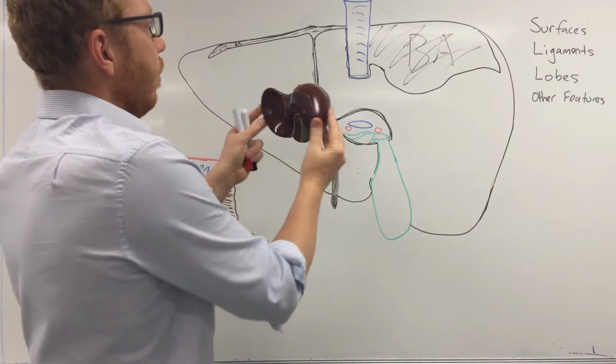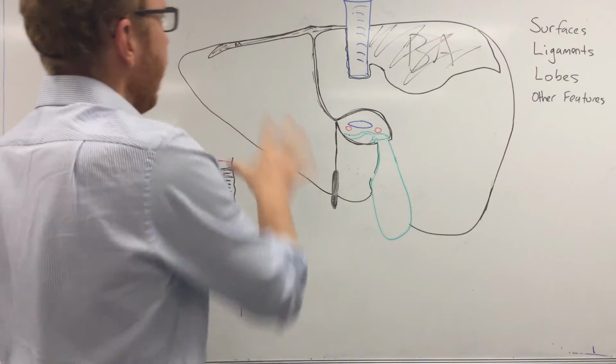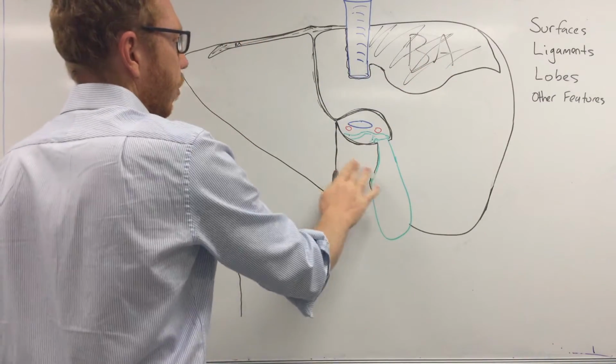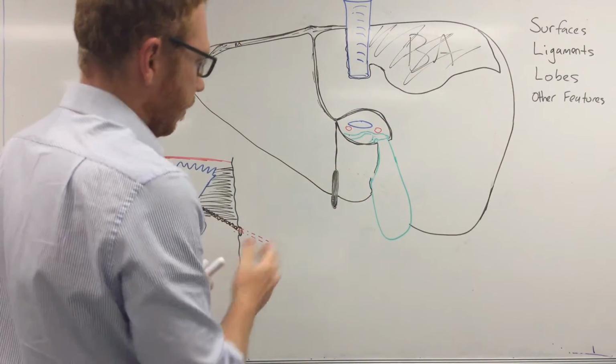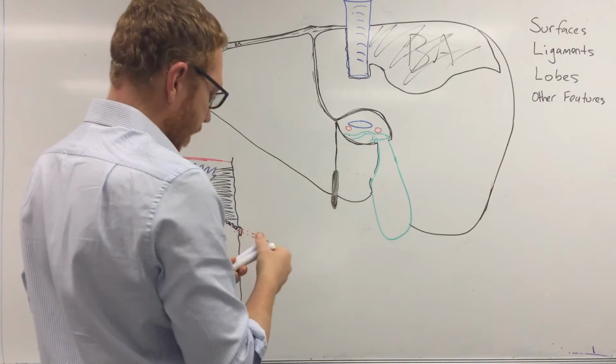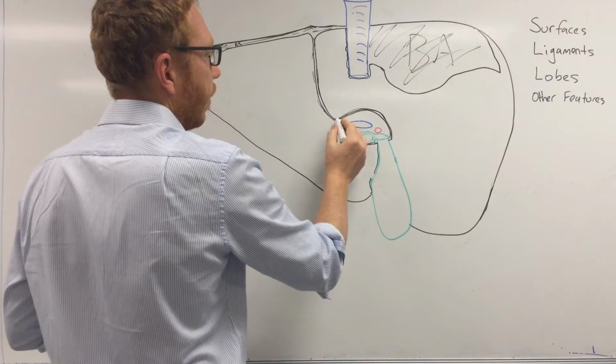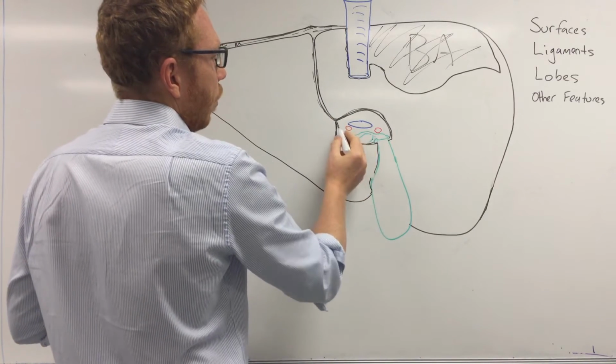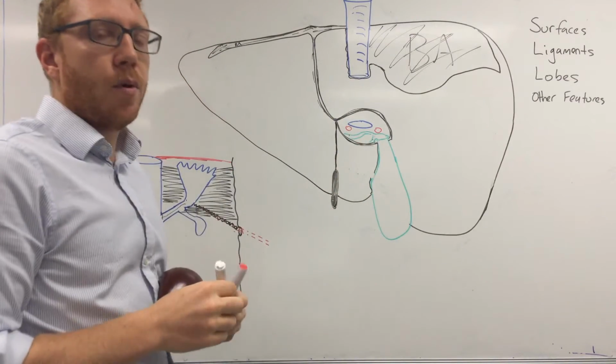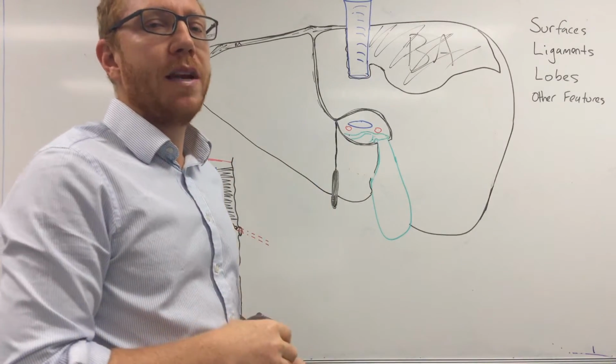Now, spinning around, we now go to the visceral surface. So what we can see is that's the teres ligament, and that will have a continuation up into this area here, which we call the portal hepatis. The portal hepatis is the hilum of the liver.